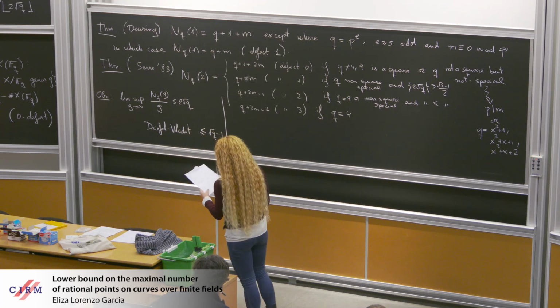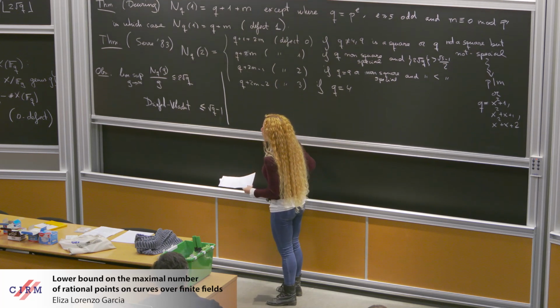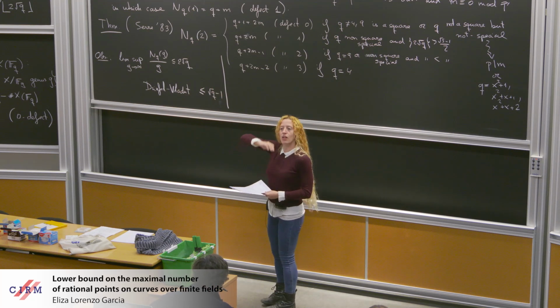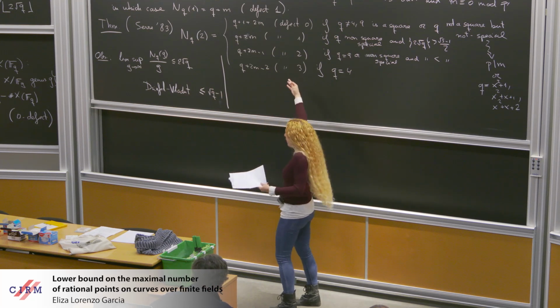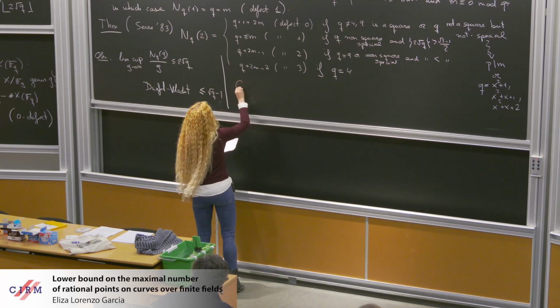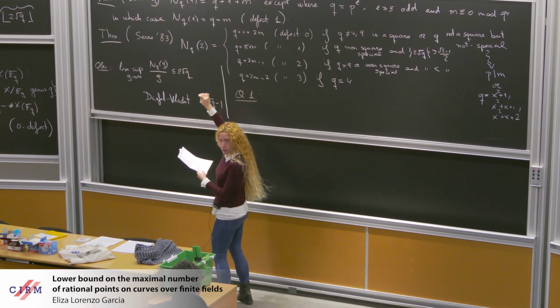Okay, so in this course, in this note, there was a question that is related with the result that we have seen now, for genus 0, 1, and 2. After doing this, Serre asked the following question. Let me call this question 1, because there's going to be a question 2.